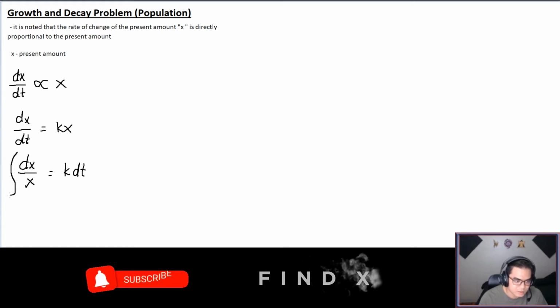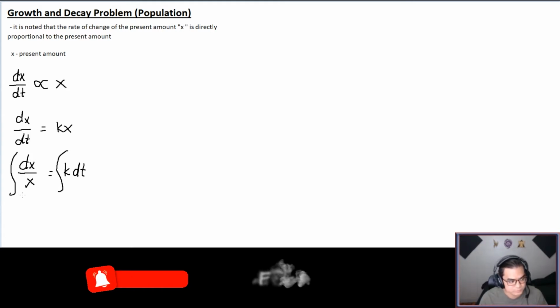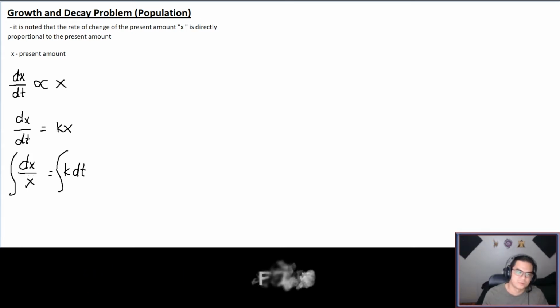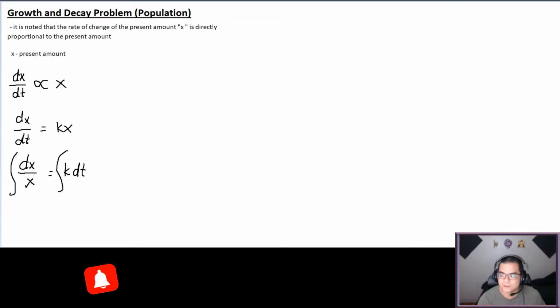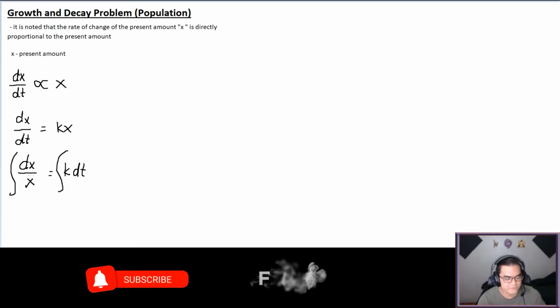So now we can perform the integral of both sides, and then we have the present amount of x. As you can see, this is a growth and decay problem, or the population problem. A sample problem: let's say bacteria. Bacteria grow over time at a very fast rate.